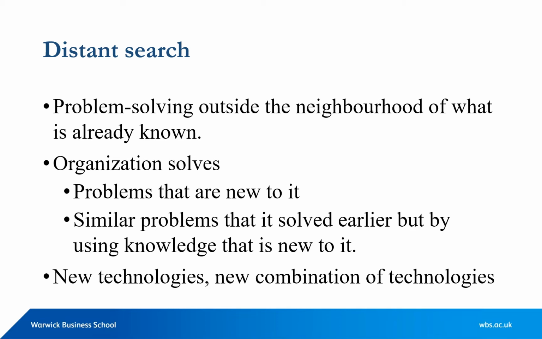Now let me explain it with an example. Let us suppose there is an automobile company which produces only petrol and diesel cars. It is searching how to improve engines efficiency. It is an example of local search. The firm has solved this problem earlier and it will look for solutions in its core engine technologies.